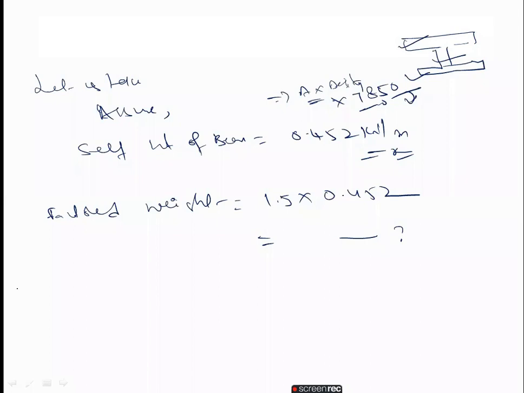And also the additional factored moment due to self weight.